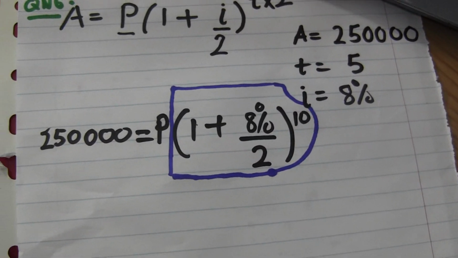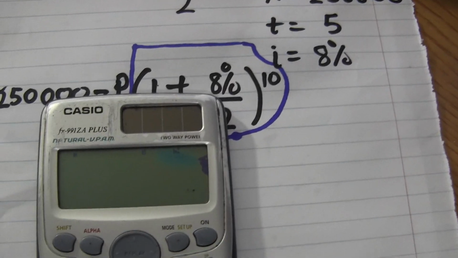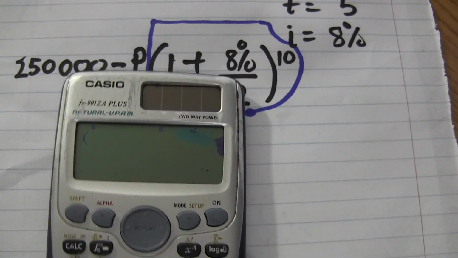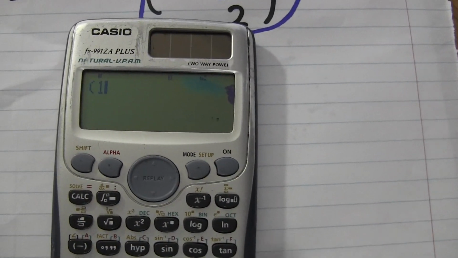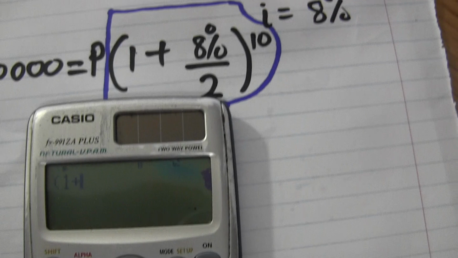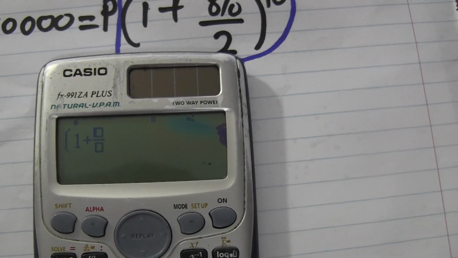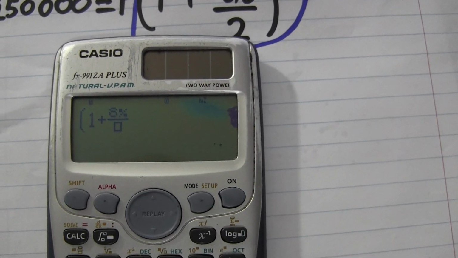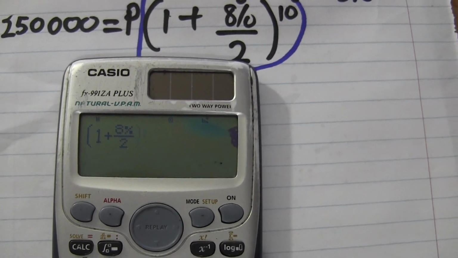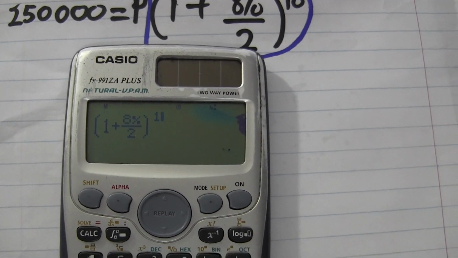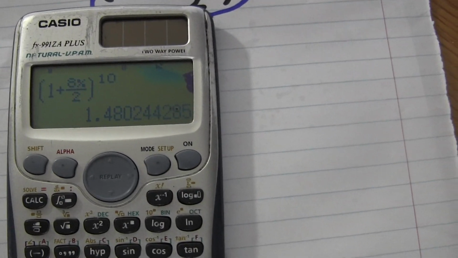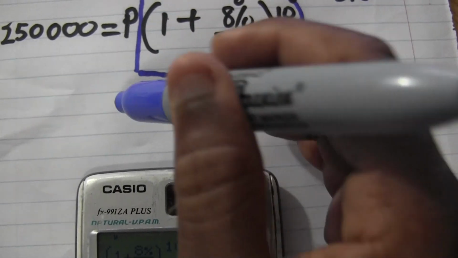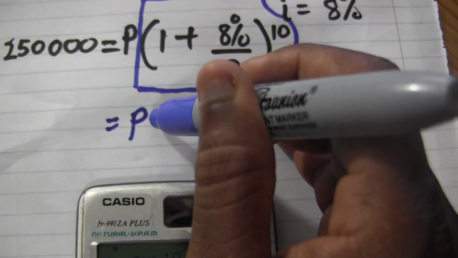Let me simplify. Take my calculator right here. Bracket, I got 1, and then we plus 8%, so I go to my fraction, 8 shift percent, over 2, and then bracket power 10, and then I get 1480. So I'll say here I have P, and then multiply.